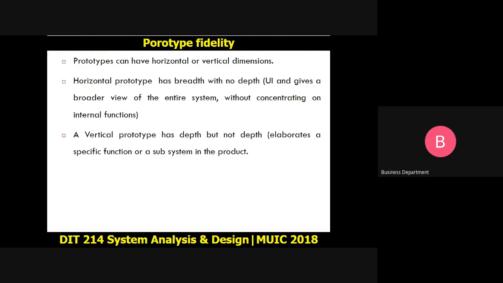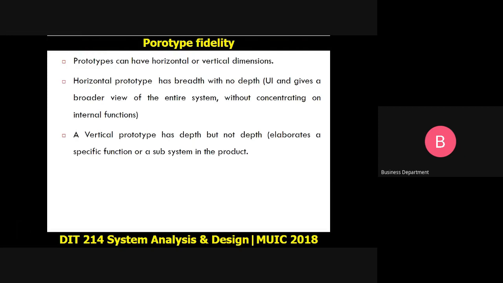For example, I am creating an online shop and I want to come up with a vertical prototype. So maybe I can show the user how you can add an item, or how you can buy an item using my proposed system.